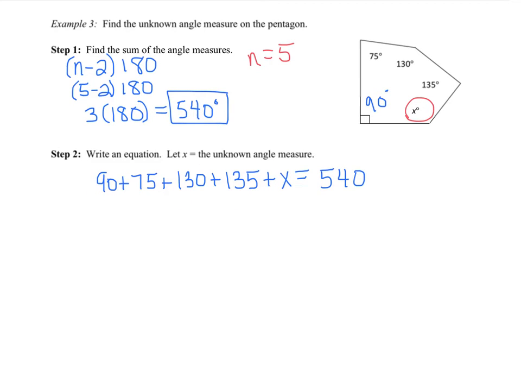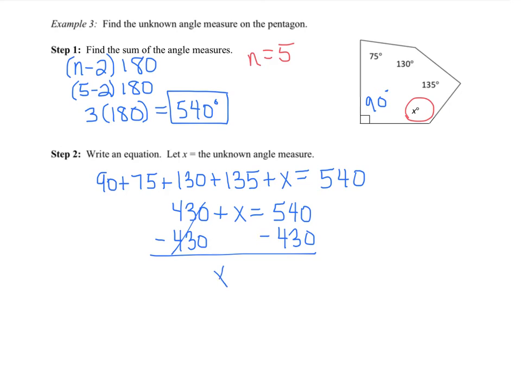So we're going to add 90 plus 75 plus 130 plus 135, and that's going to give us 430 plus x equals 540. You want to get x by itself, so we're going to subtract 430 from each side. 430's cancel. X equals 540 minus 430 is 110 degrees. And that is your answer. X equals 110 degrees.